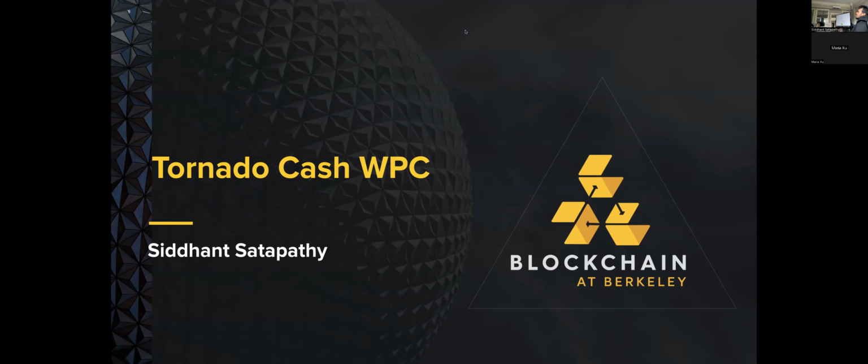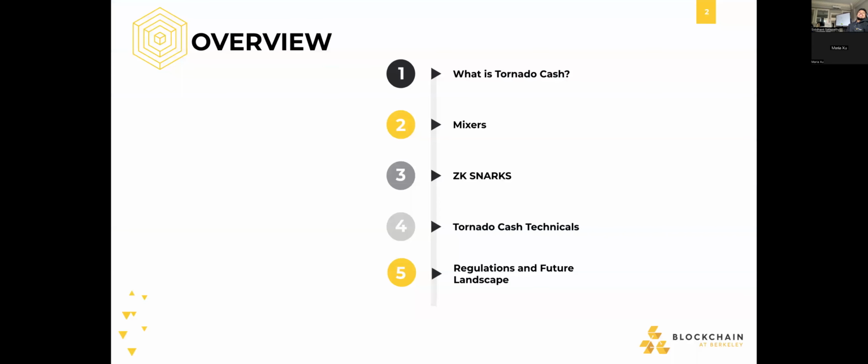So Tornado Cash is a mixer, and specifically it's a non-custodial mixer, but we'll talk about that. It's pretty popular, been in the news. It's kind of illegal right now, but we'll move on. So quick overview. We'll start off by talking about what Tornado Cash is. We'll move on to talk about mixers more generally, and what makes Tornado Cash different from your regular mixers.